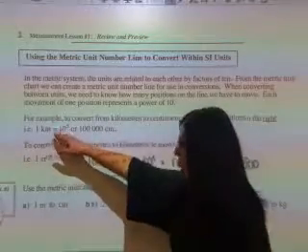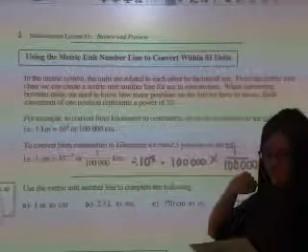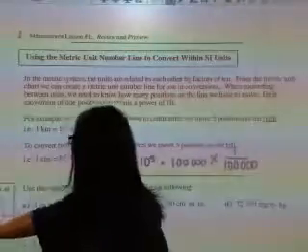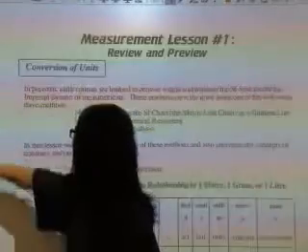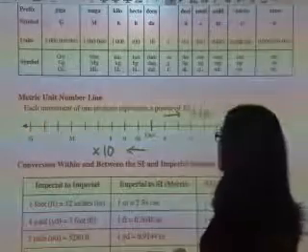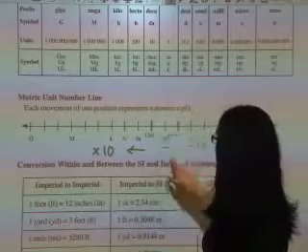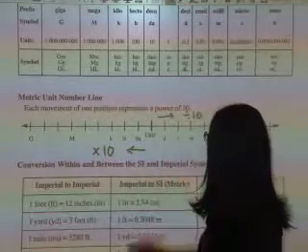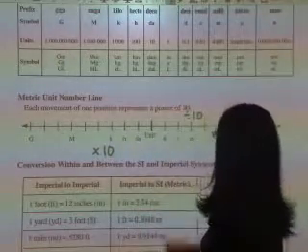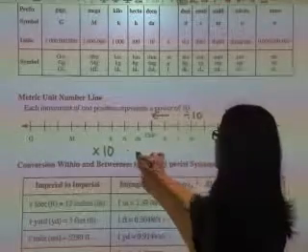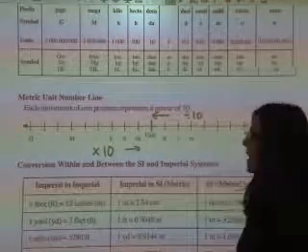Going from kilometers to centimeters is multiplying. I think I have that backwards on the chart, don't I? Yep. I have to change my arrows. When we go up, we divide, and when we come down, we multiply.